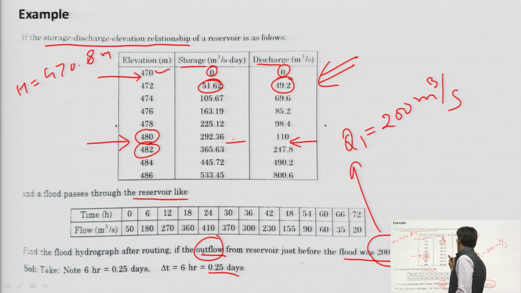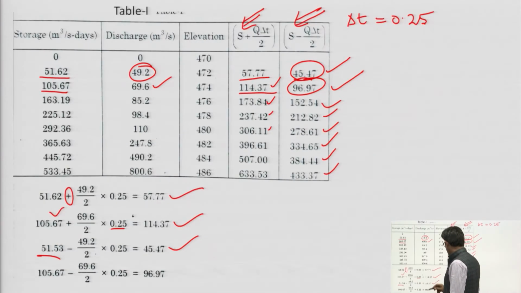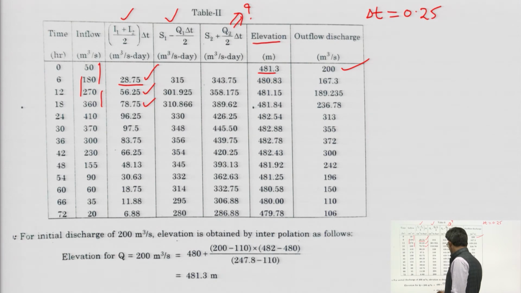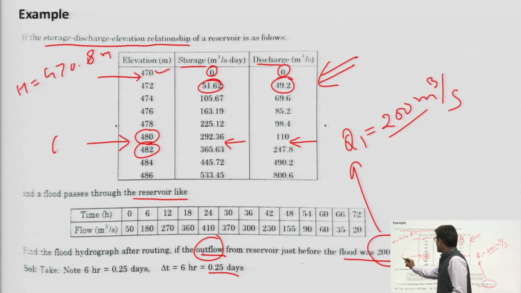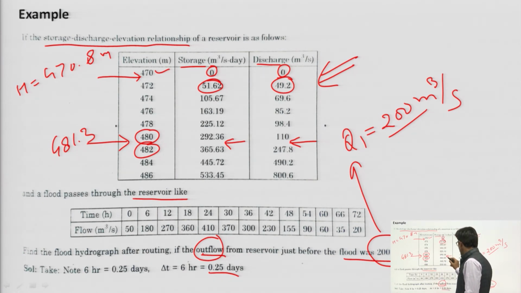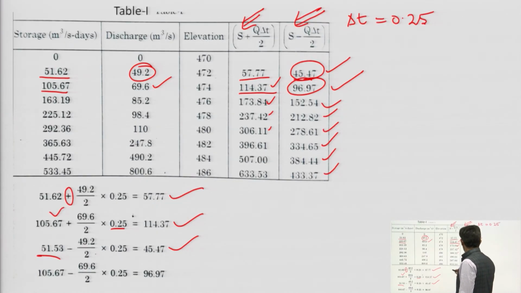The elevation at this discharge has been calculated: it is 481.3. This is the elevation, and the storage value is this one.